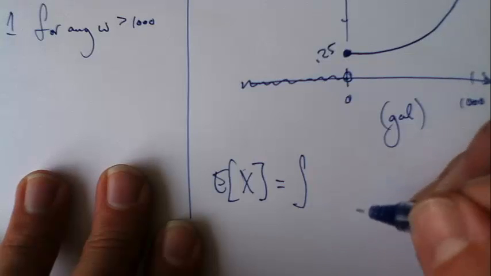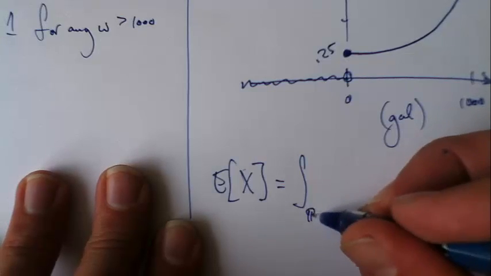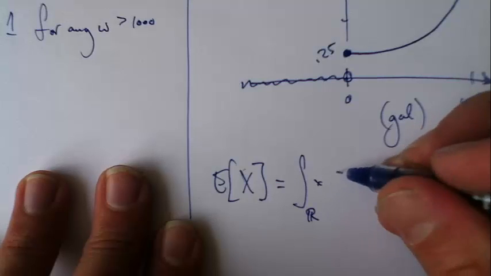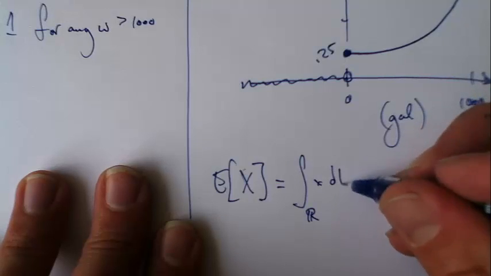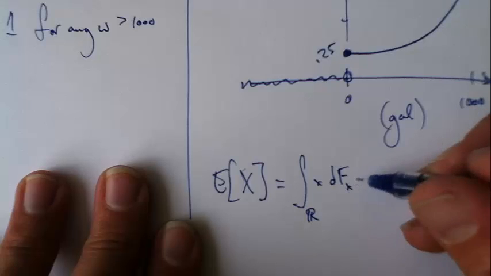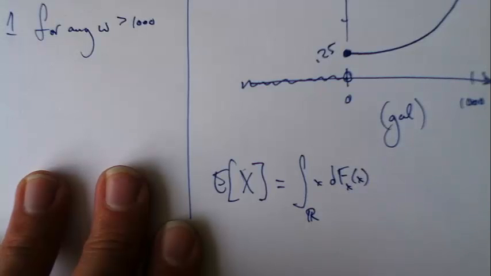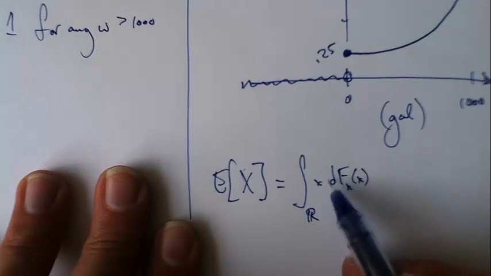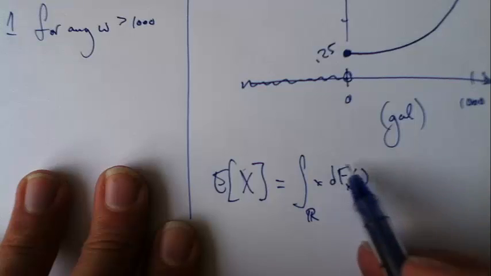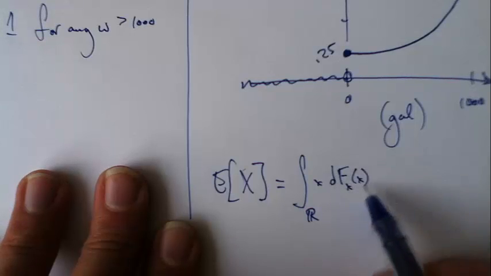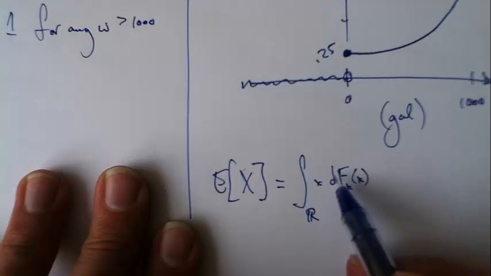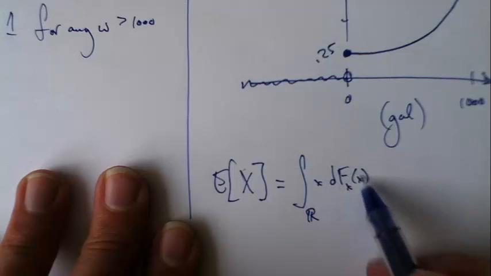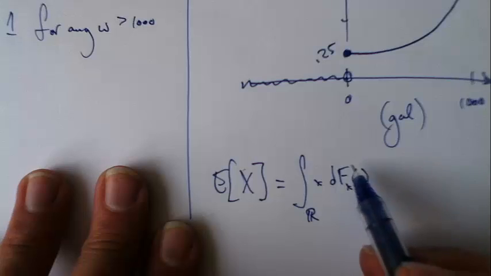If they're mixed like this and have points of jump, you could just integrate x with respect to F sub X of dx, where these weights, if there's a discrete part, pick up a non-zero amount. This is no longer just a density function times dx. If there's a discrete part, then this is just the size of the jump.